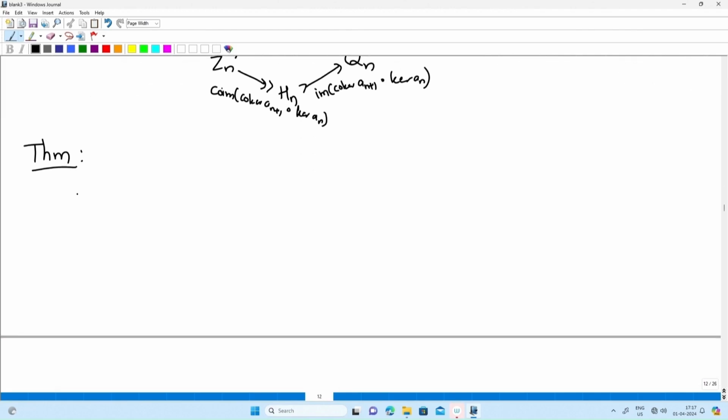I am not going to cover all the properties, but I am going to prove one of those properties. This is the long exact sequence. Here long means infinite sequence of homologies.